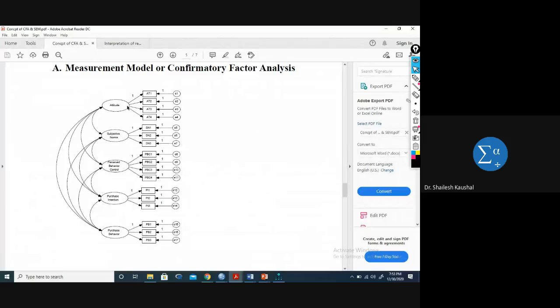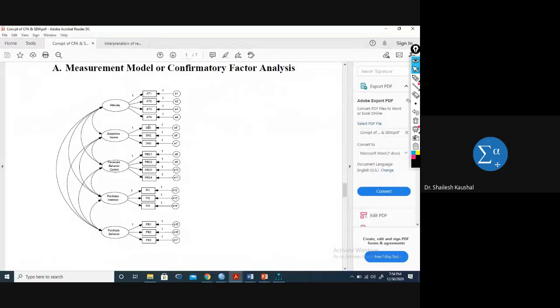That is why we are doing this. Suppose some construct is not valid and is not giving construct validity, then we will replace the particular construct, or we can change the questions. It means the poorly selected variables: the questions we selected in that construct were poorly selected, so we can reframe this model and then again perform CFA and find the values of validity and goodness of fit indices.